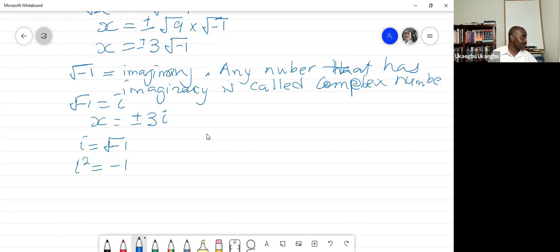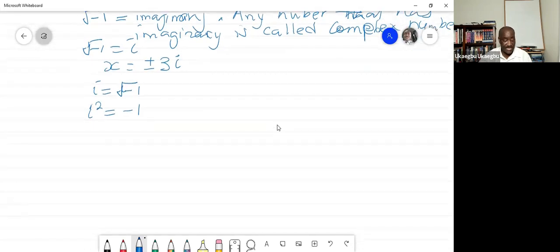For a number to be said to be an imaginary or complex number, it has to be represented in a certain way. The general format that you use in writing a complex number is a plus bi, where a is a real number and b is a real number.